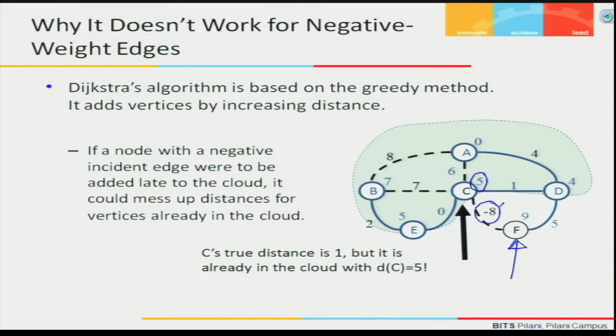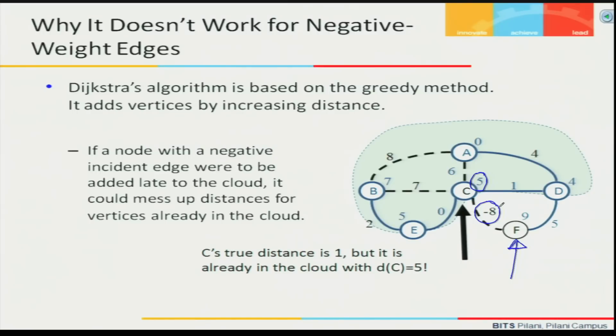What does that mean? If you add a node with a negative incident edge, then it could create problems for the distance of the vertices which are already in the cloud. So, C's true distance is 1, but since it is already in the cloud, its distance is already 5.